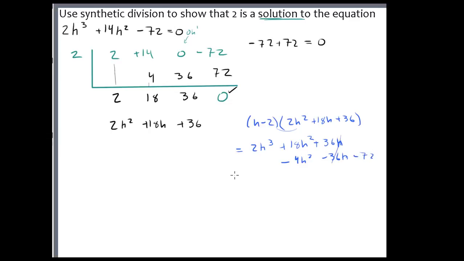Excellent. So these cancel, and we're left with 2h cubed plus 14h squared minus 72. Great. It checks out perfectly. 2 is a solution.